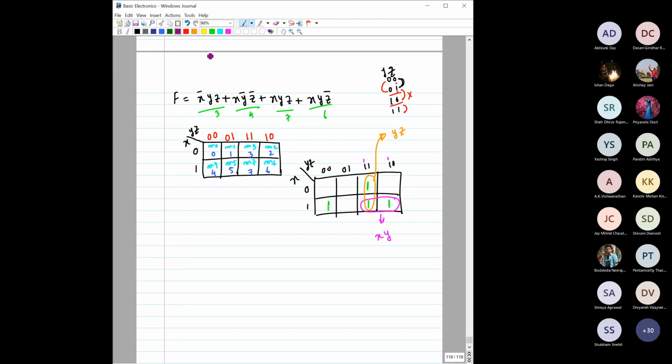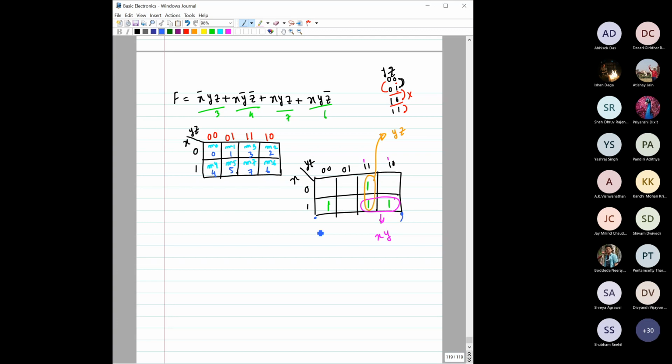Sir, can we make a group like the 100 and 110? 100 and 110. Yes, actually that is very good. Actually, this Karnaugh map is foldable. It means you can actually fold it like this, you can touch this corner and this corner, like a page. You can think of this as a sheet.